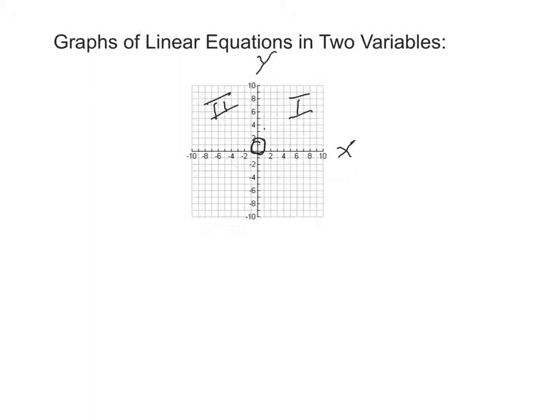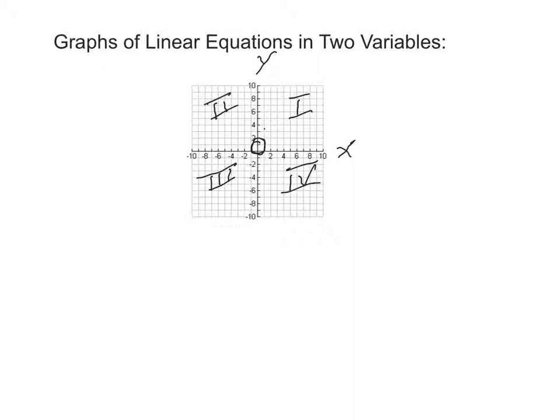Then we go down to quadrant 3, okay? The x values continue to be negative, but the y values are also negative in quadrant 3. And then we go over to quadrant 4, the lower right quadrant, and the x values now are positive, but the y values are negative.